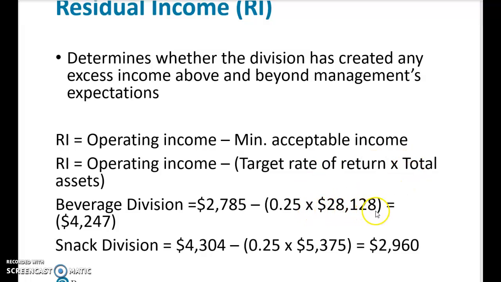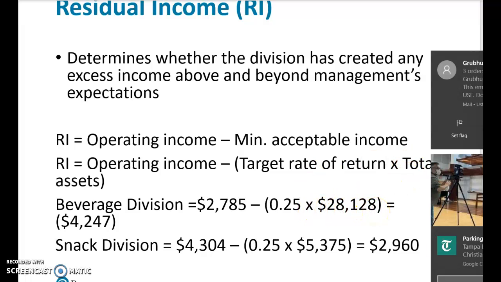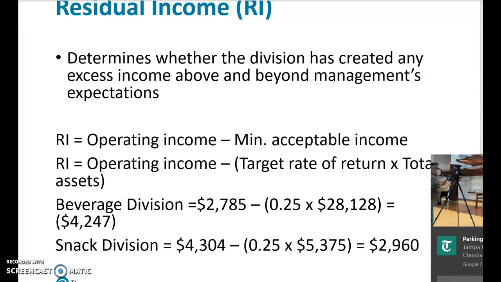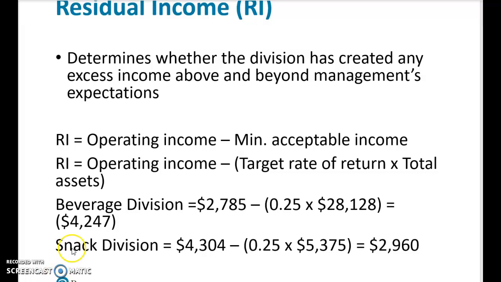There's that big 28,128. Murphy's Law. We've got that big asset number, so they want 4247. All right. Target rate of return times total assets. So operating income minus target rate of return times total assets gives us our residual income. In this case, it's negative. Okay, they're not making it.